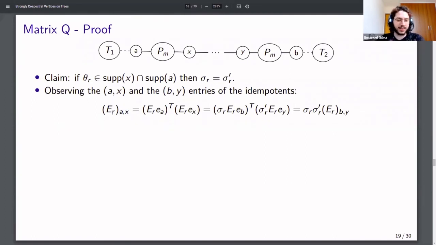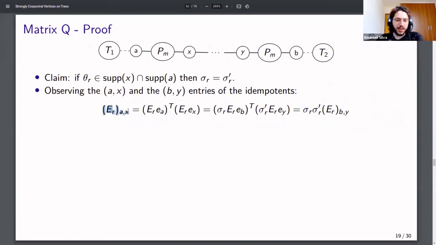So the AX entry of E sub r, since E sub r is just a projection, it's simply going to be the inner product of the A column with the X column, which after we replace this column by the column of B and the column of Y with the respective signs, we're going to have this equality.